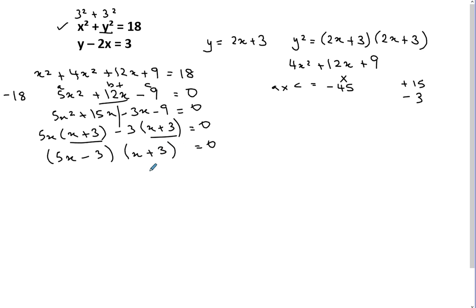Here it's really easy because x will just be minus 3. And here, as I've said, if 5x minus 3 is 0, then the 3 will go to the other side. So then we're dividing by 5, and x equals 3/5, which is 0.6.